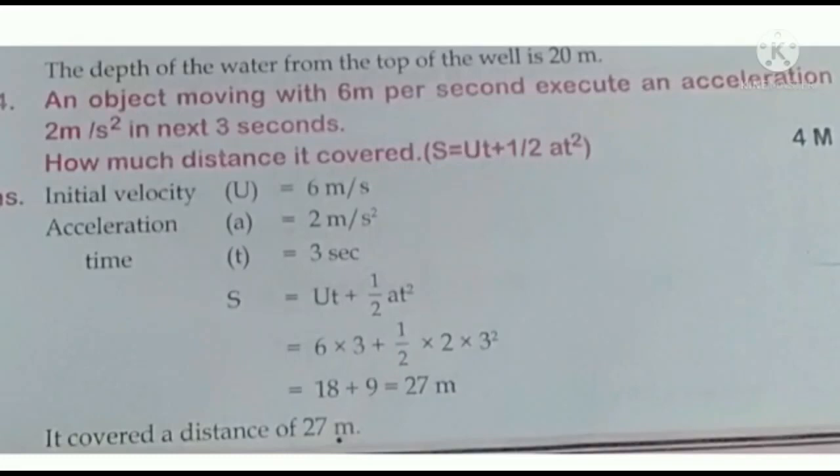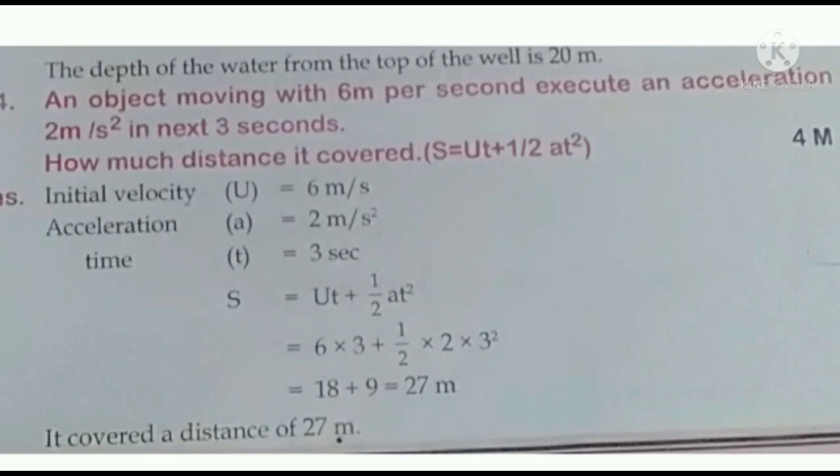So now we take the formula. S is equal to ut plus half at square. We substitute the values of u, t and a in the given formula.